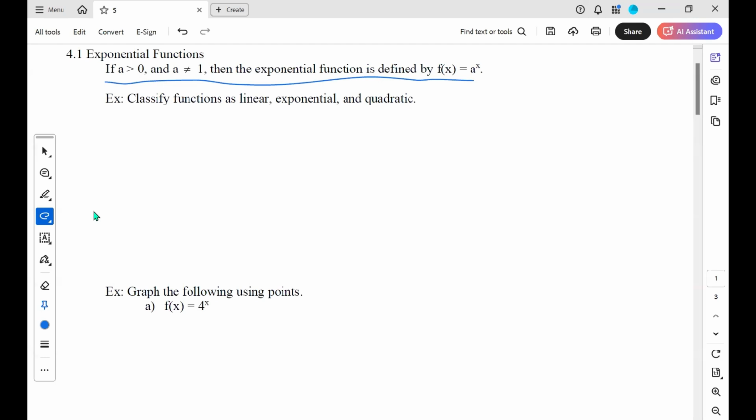So you're going to be asked to classify some linear, exponential, and quadratic functions. Like I told you, if you have f of x equals 3 to the x minus 7, if you see that x in an exponent, then that's going to be an exponential function.